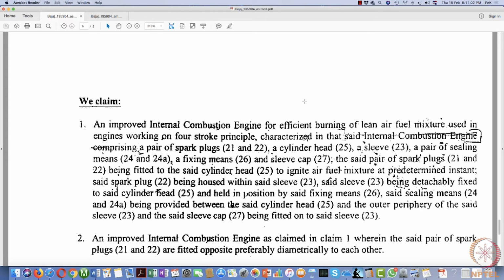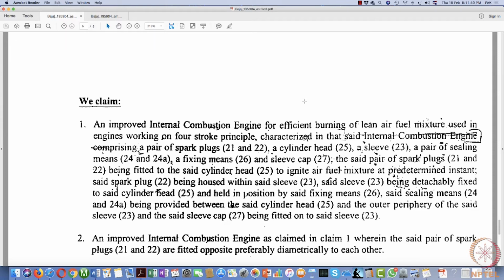Again, it should have been wherein the said spark plug being housed within said sleeve being detachably fixed to said cylinder head and held in position by said fixing means, said sealing means being provided between the said cylinder head and the outer periphery of the said sleeve, and the said sleeve cap being fitted onto said sleeve. Now it just tells you how a spark plug is fitted or arranged on an internal combustion engine.